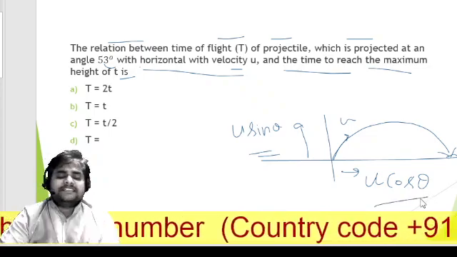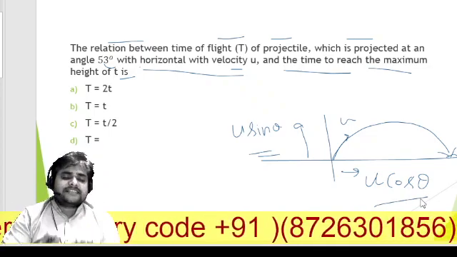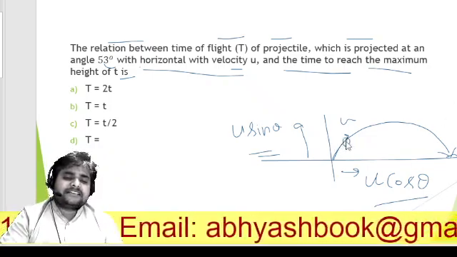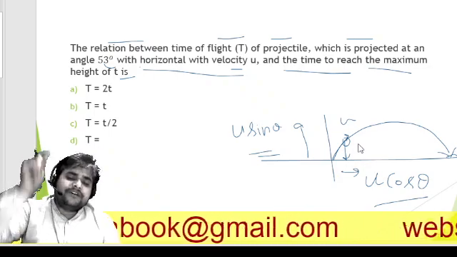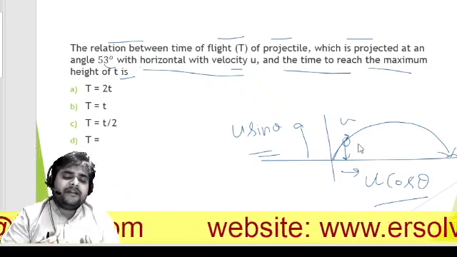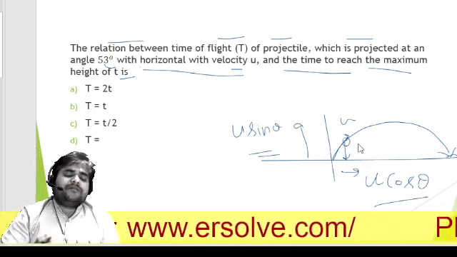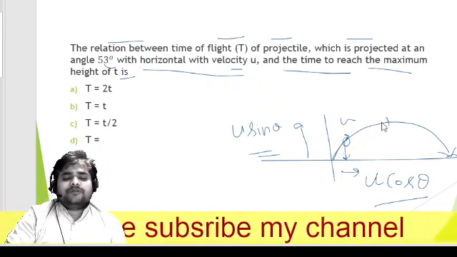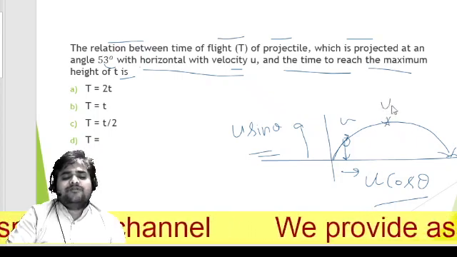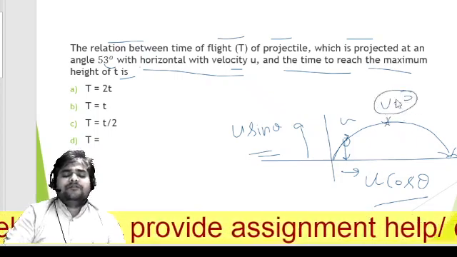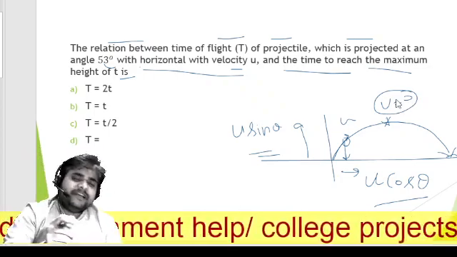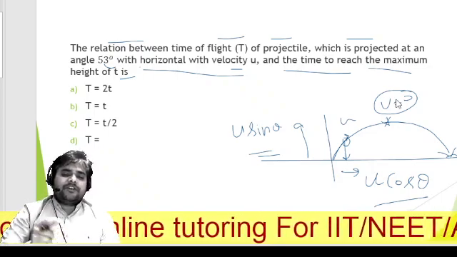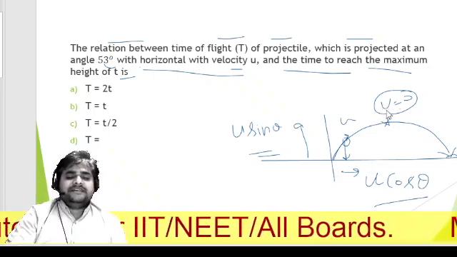There is no acceleration along the horizontal direction, so horizontal velocity always remains constant, but acceleration due to gravity works along the vertical direction. So it will reduce the vertical component of velocity, and after a certain time interval the velocity along the vertical direction becomes 0. When the object reaches the highest point, the component of velocity along the vertical direction will be 0.